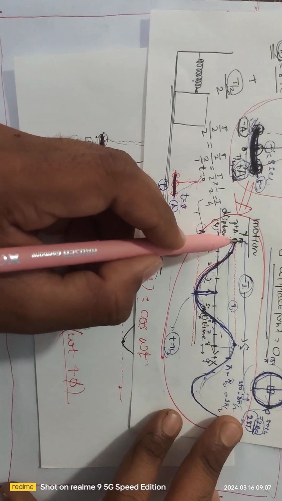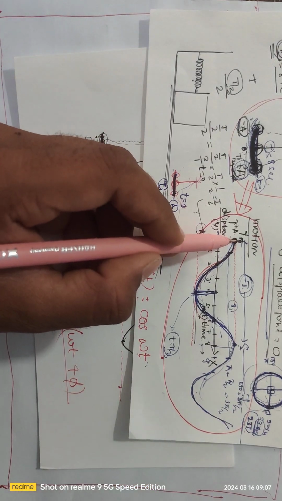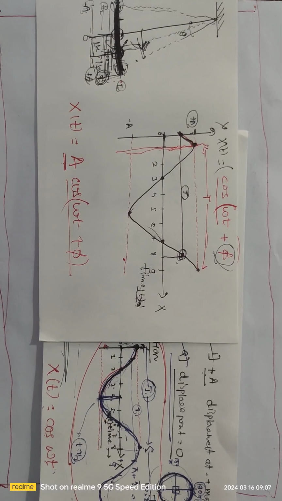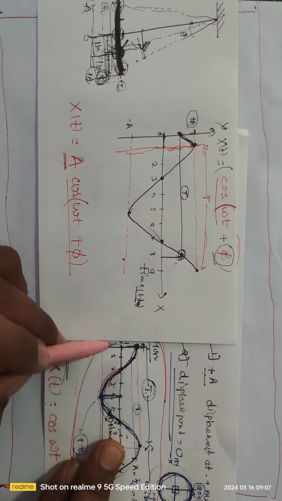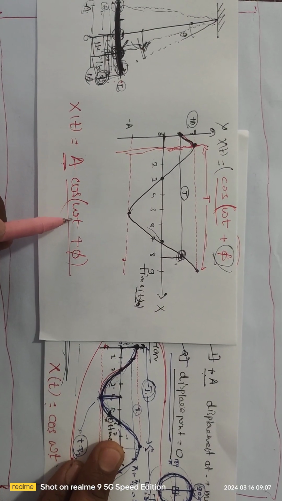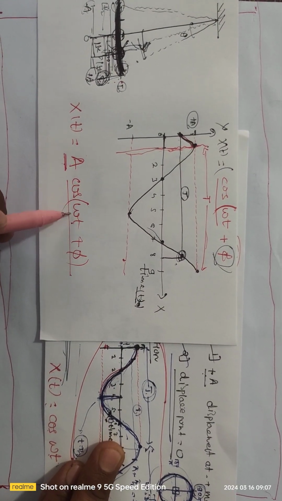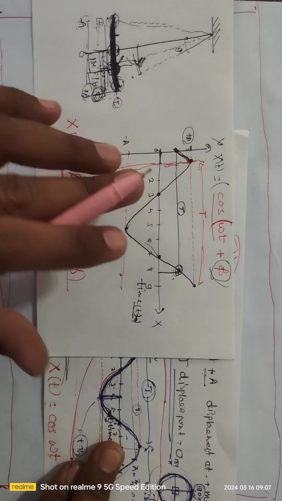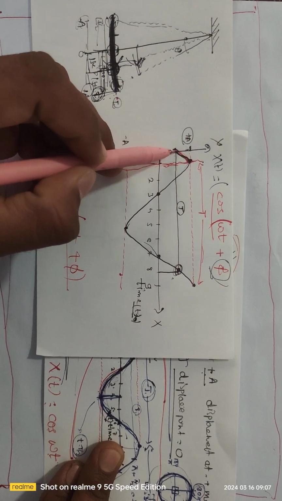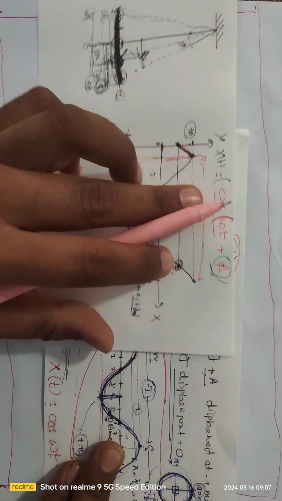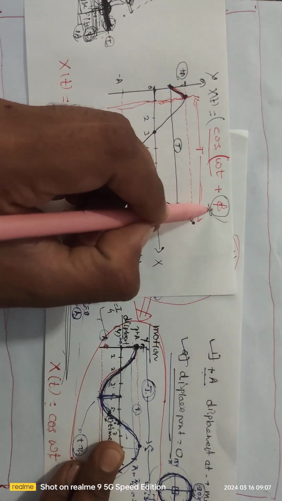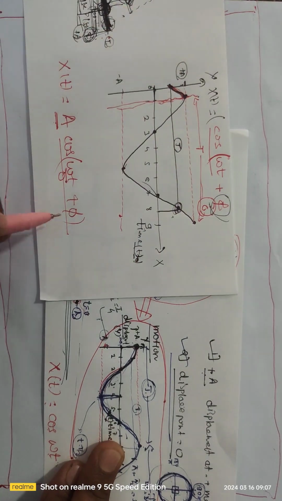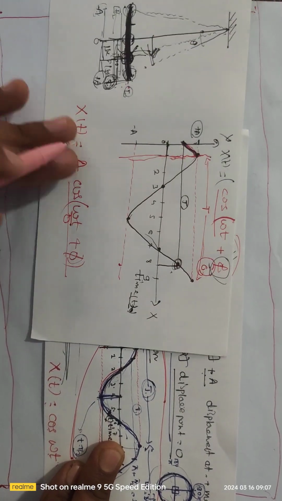When the value is at the extreme value, at t is equal to 0, this phase term will become 0. There is no additional phase, no additional portion, because we started from here. So the phi value becomes 0.